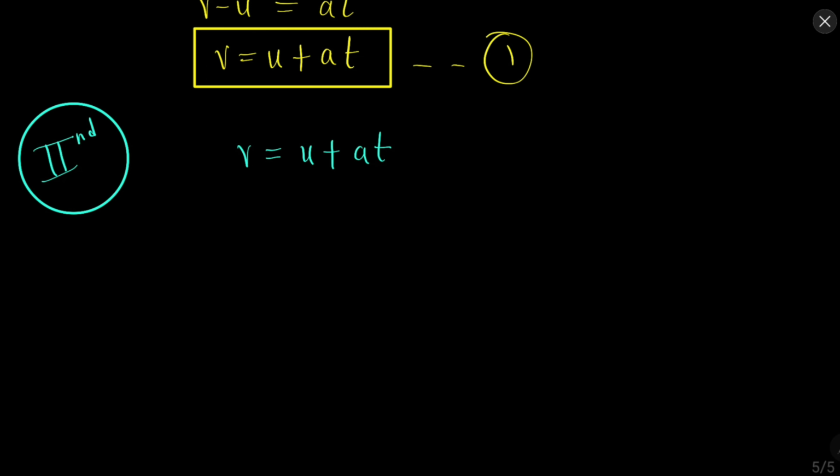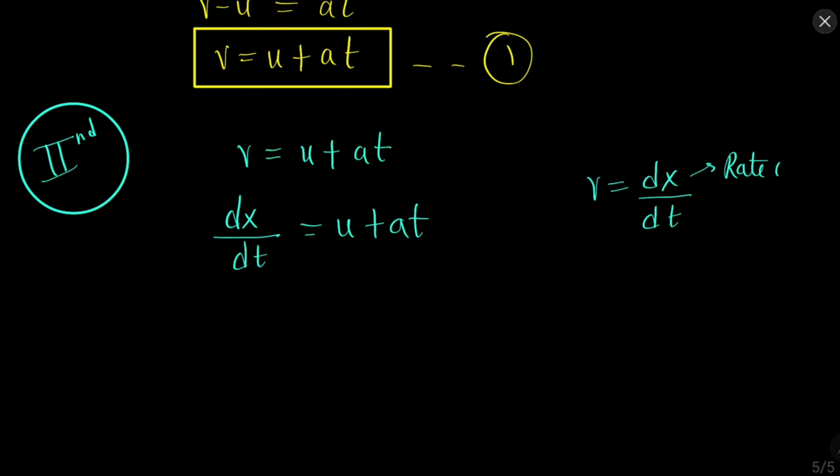Now I can write this formula in a different manner too. I can write it like this: dx by dt equals u plus at. Why? Because I know velocity is the rate of change of displacement. x is the displacement.